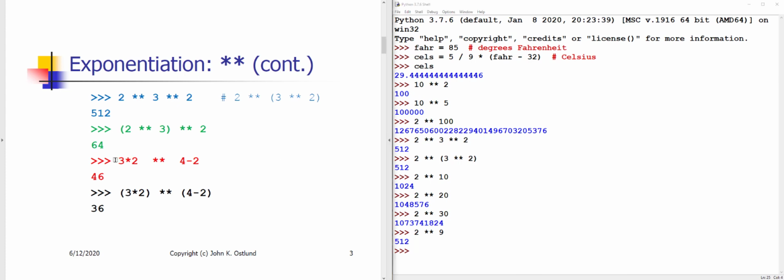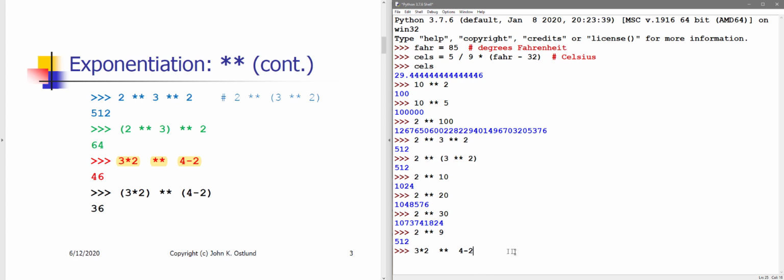Okay, now here we have an expression that we've written as 3 times 2 star star 4 minus 2. And it looks, from the spacing that I have around these operators, as though I'm trying to compute 3 times 2 to get 6, and then take 6 to the power of 4 minus 2, which is 2.